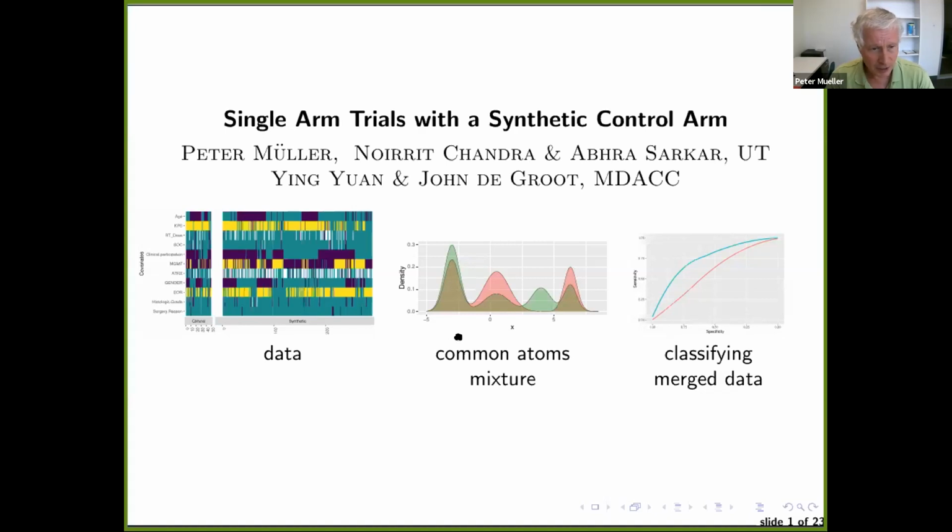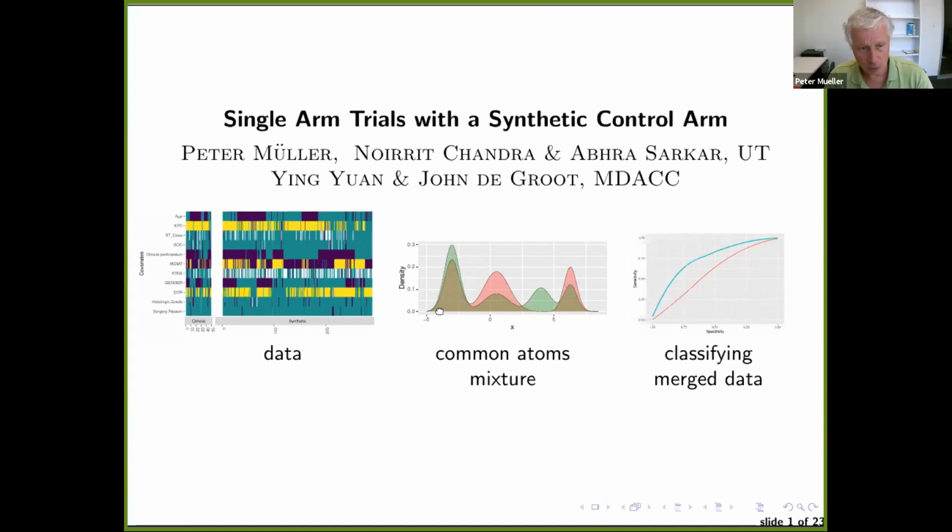And here the center panel tells you a short summary in a little stylized cartoon of what we are up to. What you see here is two mixture models, a red one and a green one. The red mixture model is what we fit to the data for the current single-arm trial.